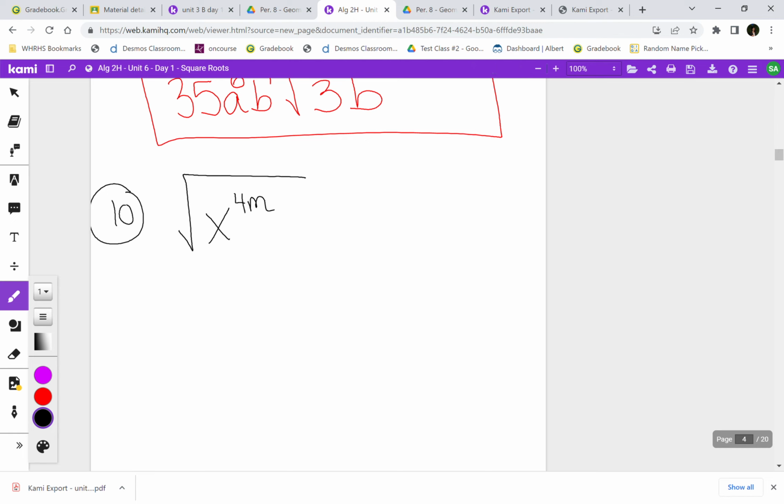No, it's the same thing. What was the shortcut? Divide by 2. Same shortcut. 4m divided by 2 is what? 2m. So I'm going to have x to the 2m. Anything left on the inside? No. All right, step it up a little bit more.